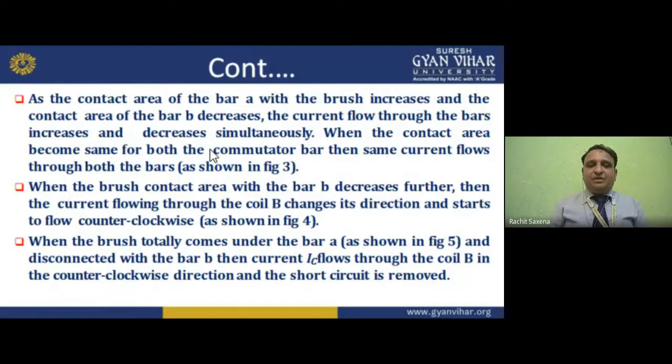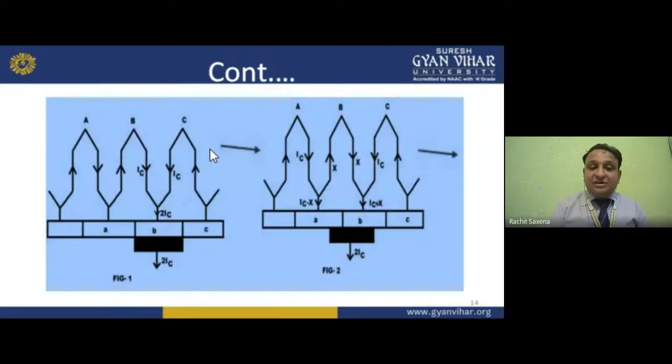Now see here. When the brush contact area with bar B decreases further, then the current flowing through the B coil changes its direction and starts to flow counterclockwise, as shown in figure 3.